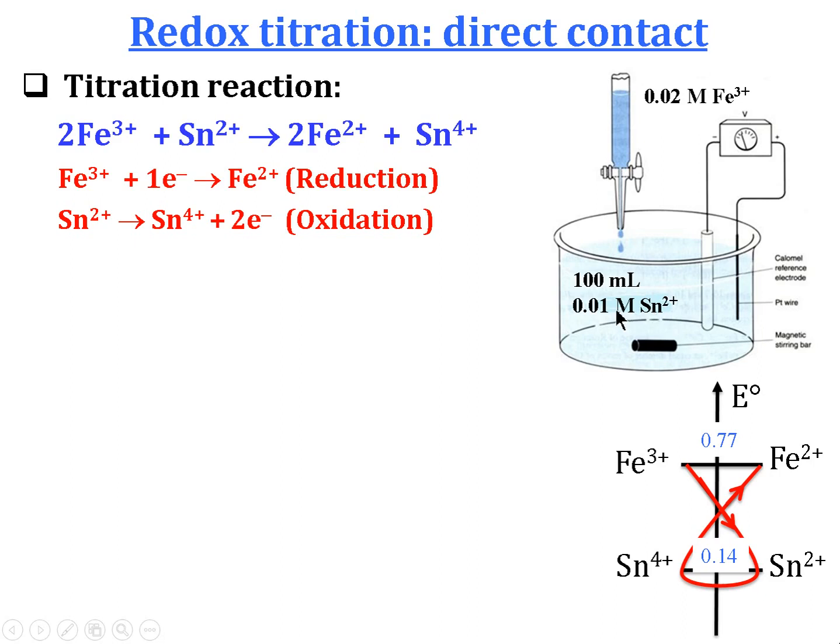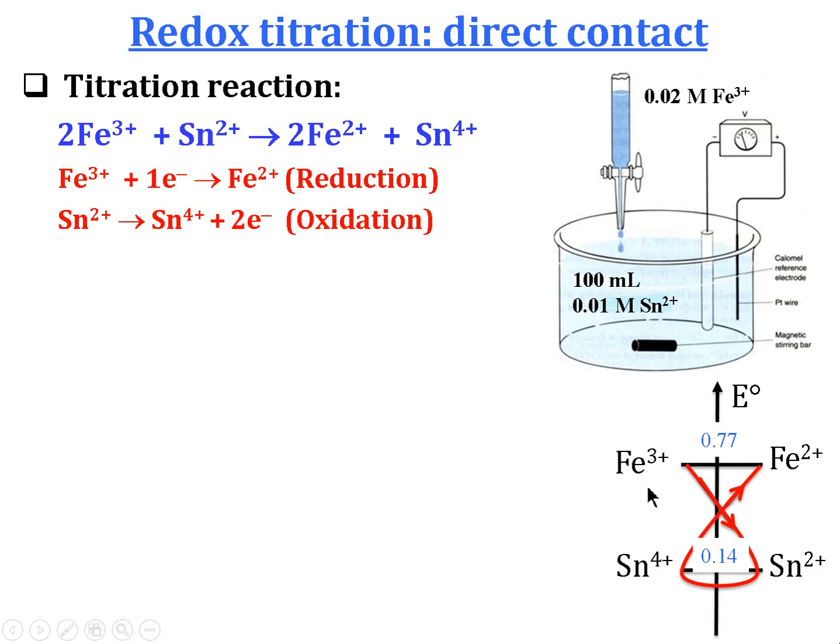We have only the concentration of Sn2+, so E of the couple Sn4+/Sn2+ could not be calculated either. So in this case, instead of the potential E, we put in increasing order the potential E0, and E0 Fe3+/Fe2+ equals 0.77, E0 Sn4+/Sn2+ equals 0.14 volt.